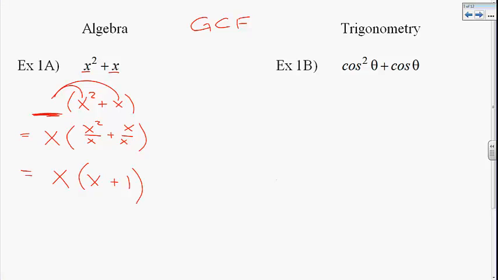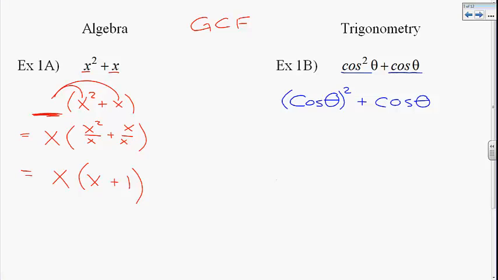In example 1b, my variable is not x, but rather the function of theta. In this case, the cosine of theta. If I rewrite cosine squared theta in its equivalent form, cosine of theta squared, and keep my plus cosine of theta, the visual parallel becomes more clear with our algebraic example.